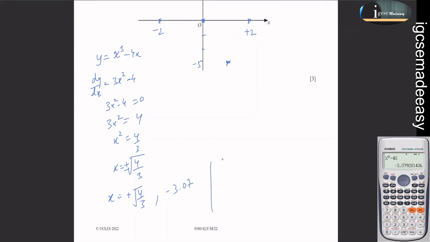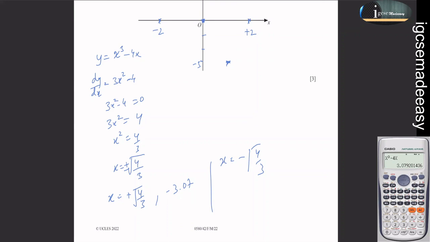And what about when I have x equals minus root 4 by 3? Let's find that out also. Calculating for minus under root of 4 by 3 gives you the answer plus 3.07.